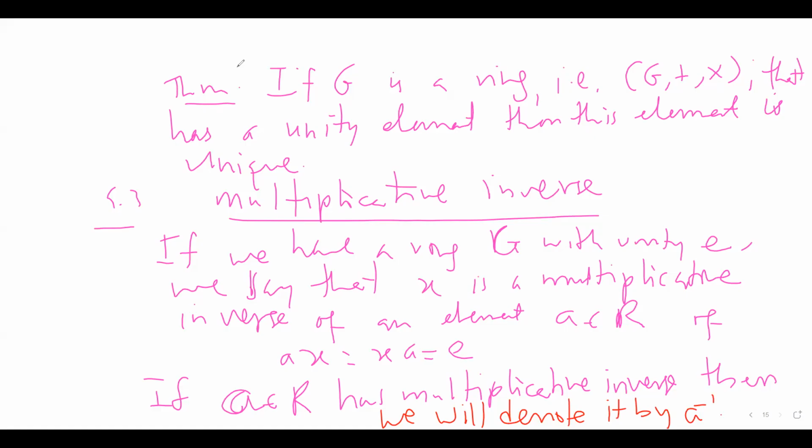So if there is an x which is the multiplicative inverse of an element a, then the product of a and x is the same as the product of x and a, and should give the identity.